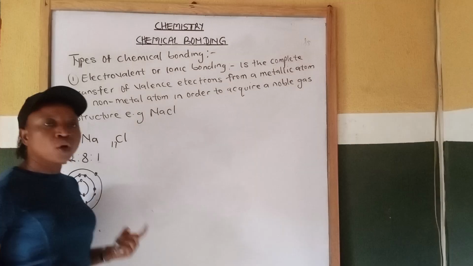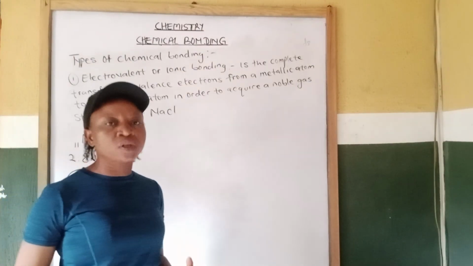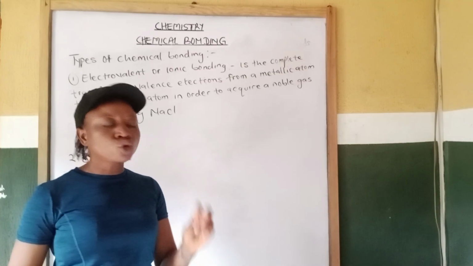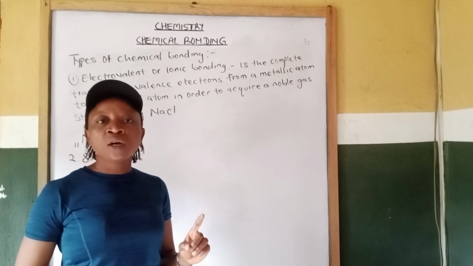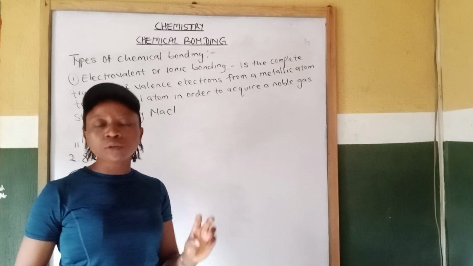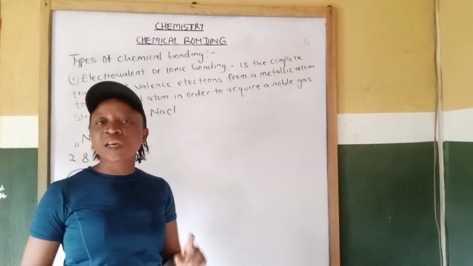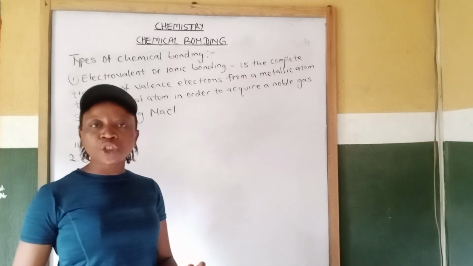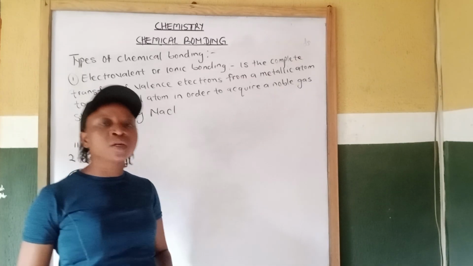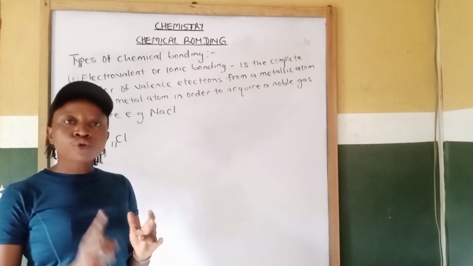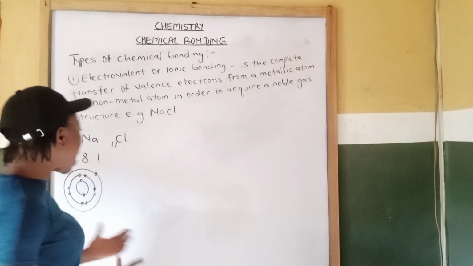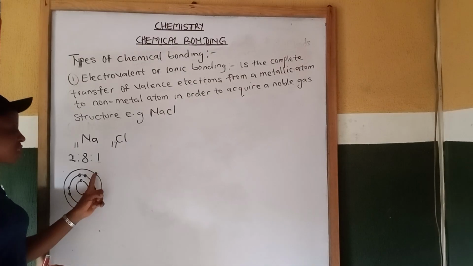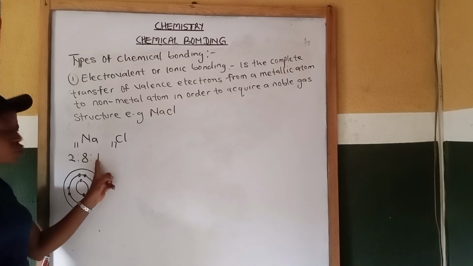Metallic atoms are those atoms with 1, 2, or 3 valence electrons, except hydrogen and helium. Therefore, sodium is a metallic atom because it has 1 valence electron.